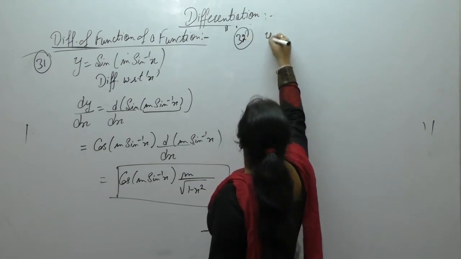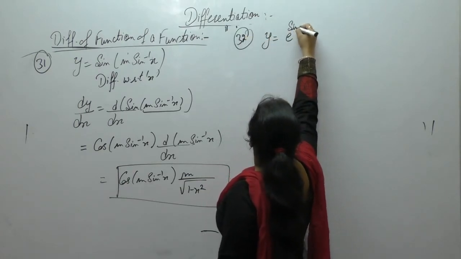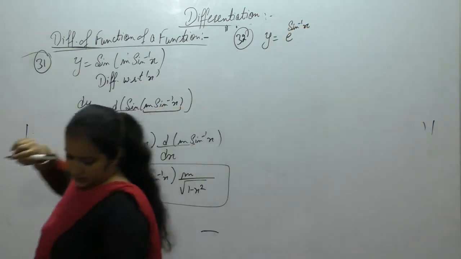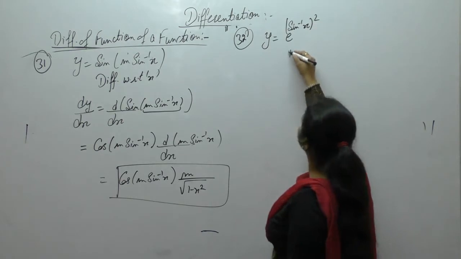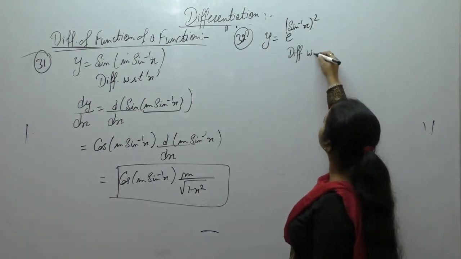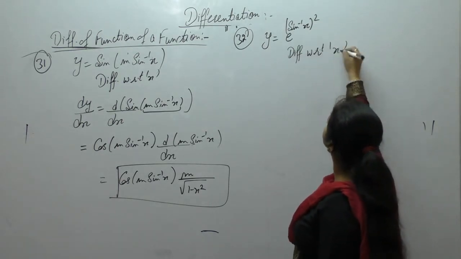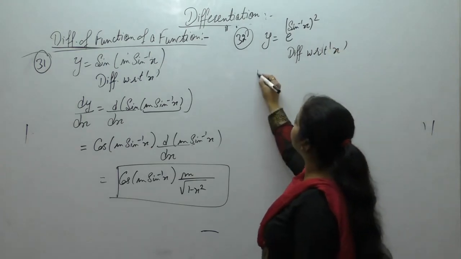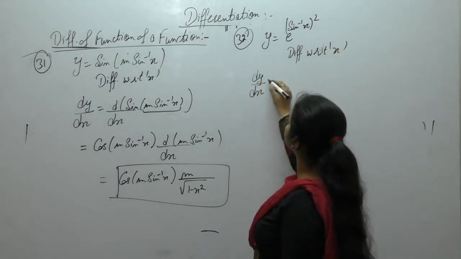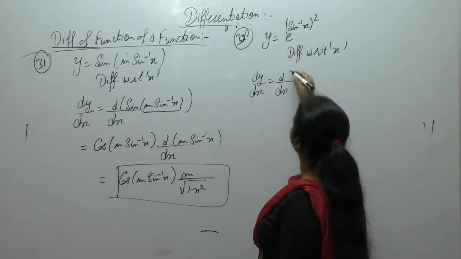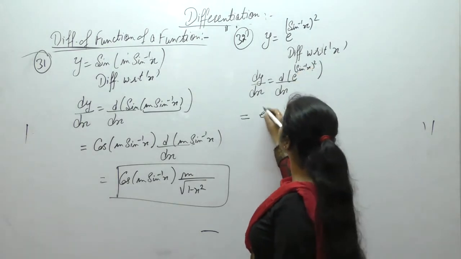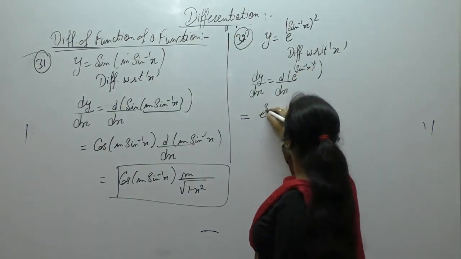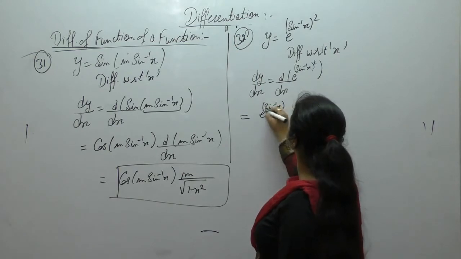Now y is equal to e^((sin⁻¹x)²). Differentiate with respect to x, dy/dx. Derivative of e^x is e^x, where x is (sin⁻¹x)².